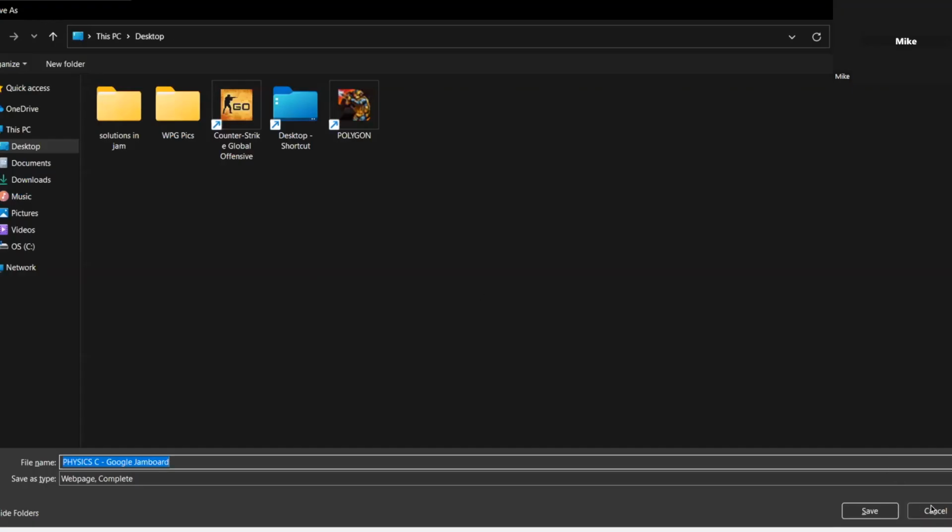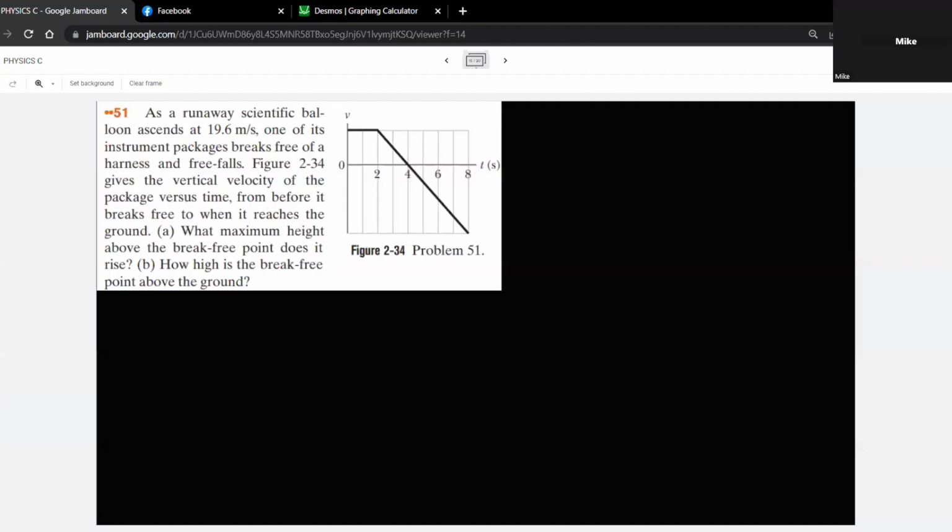So we track the position of the package that fell. 19.6 meters per second. Okay, we assume it starts from y equals 0.